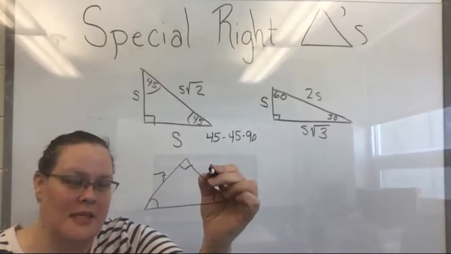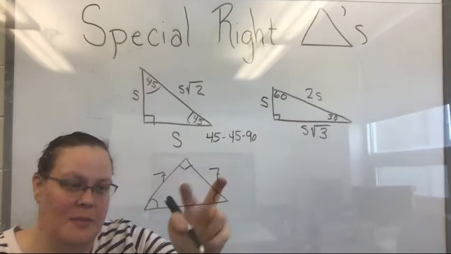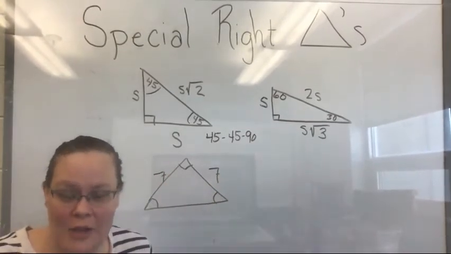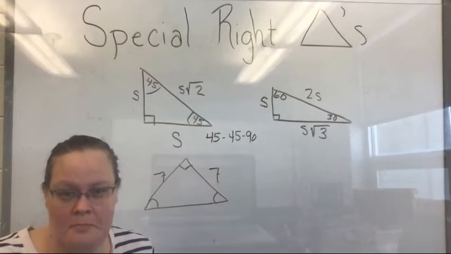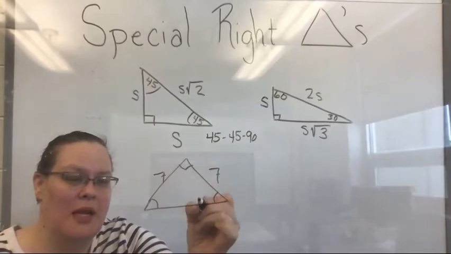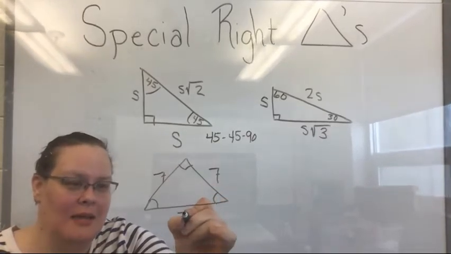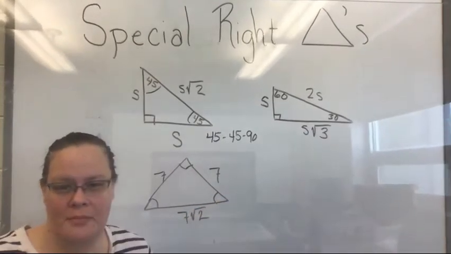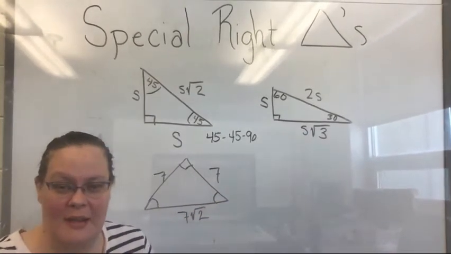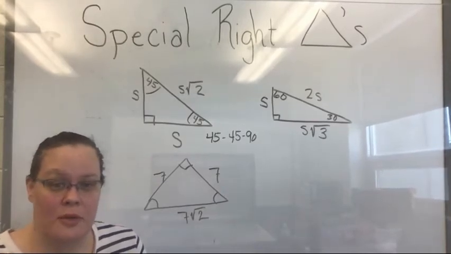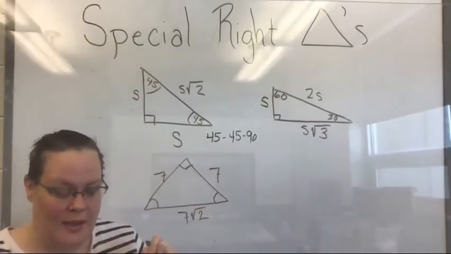So we know that this side also has to be 7, right? Because those angles are the same, the side lengths across from them must be the same. But then, because of this special property, we know that this side is going to be 7 times the square root of 2. We could plug that into the Pythagorean and check it, but we know that that will always be true.